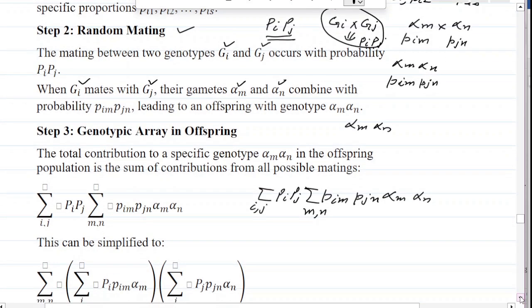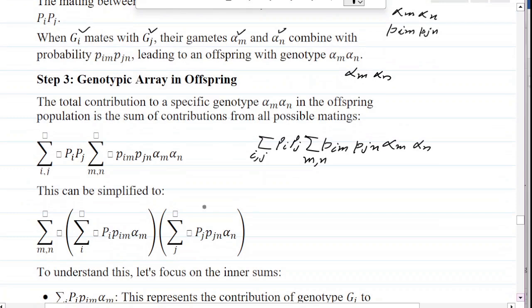If I simplify this, it can be written as this expression.